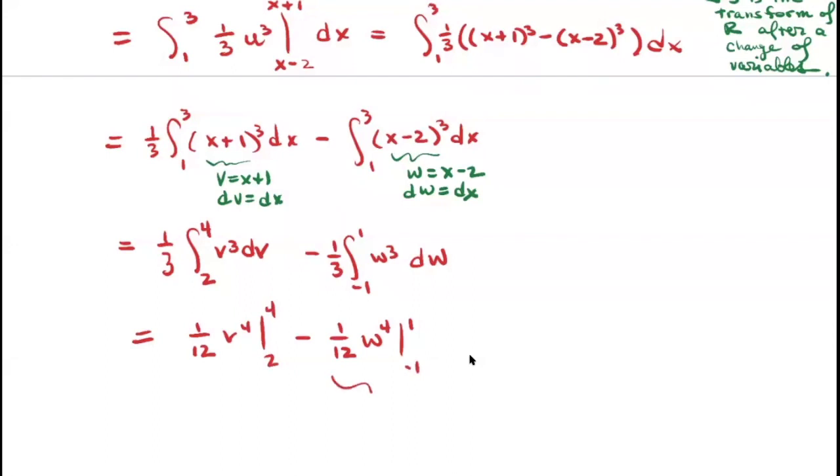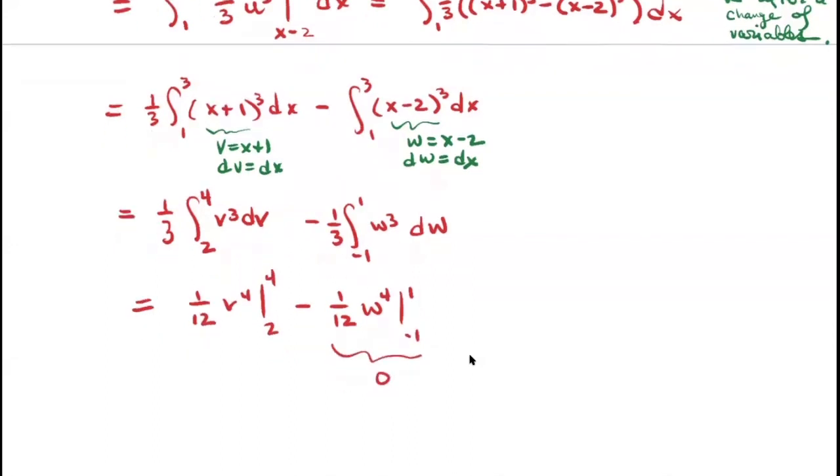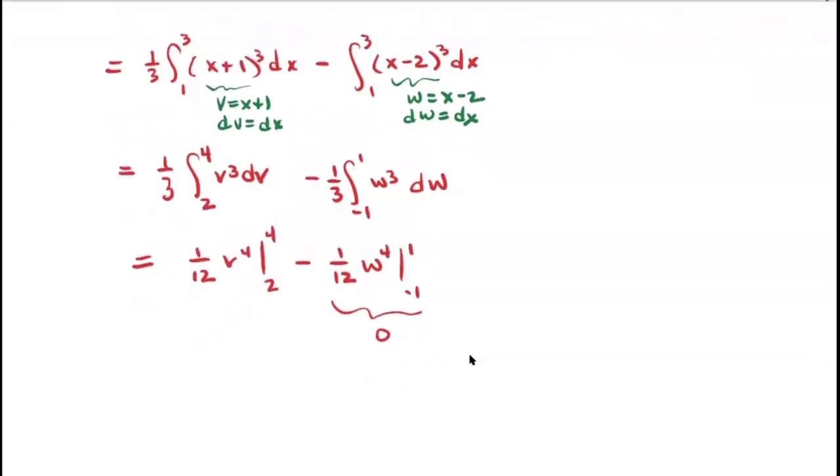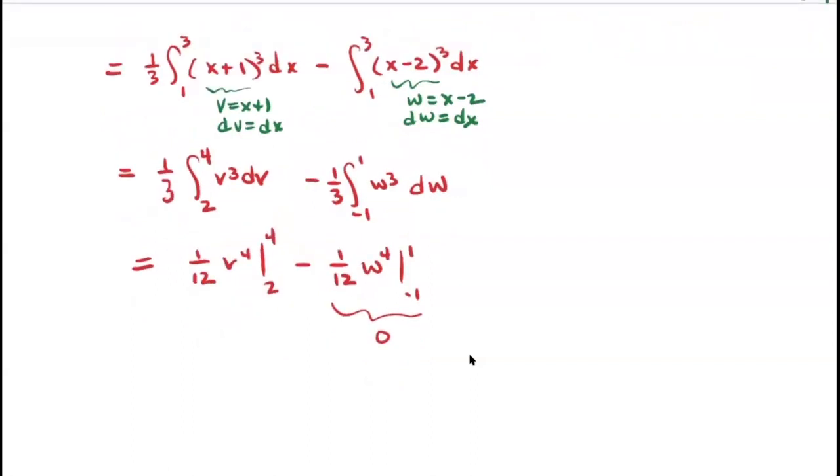I think this part's going to be 0, because you get 1 minus 1. Here we're going to get 1/12 of 4 to the fourth minus 2 to the fourth. I don't know what that is, I'll just do that on a calculator. I should know what 16 squared is. Is that 256 minus 16?